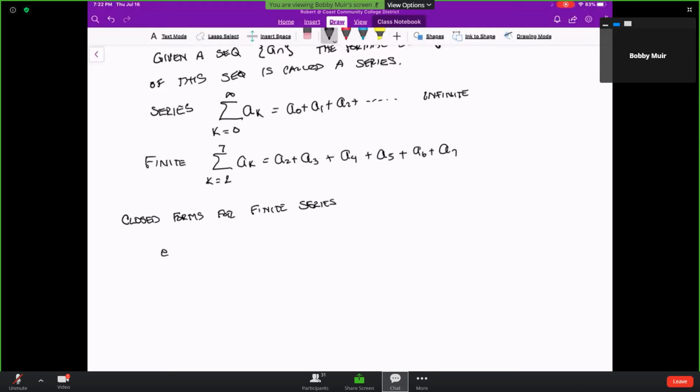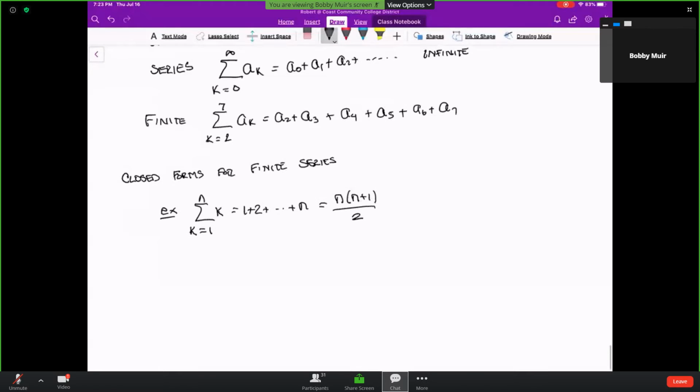Like, for example, does anybody remember what the formula is when we add up the first integers? 1 plus 2 plus all the way up to n. n times n plus 1 over 2. And that's the Carl Gauss, you know, figured that out when he was, you know, 5 years old or something like that.